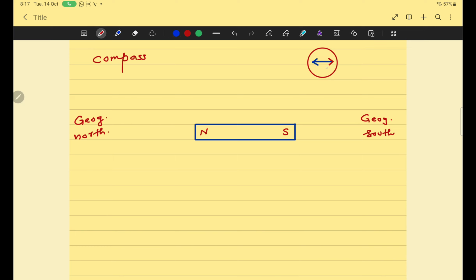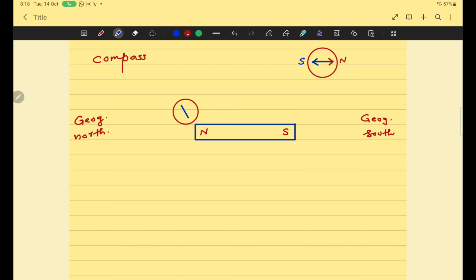Usually the red pointer represents the north pole and the blue pointer represents the south pole. I will show you a video during the class in which I will show you the physical form of this compass.